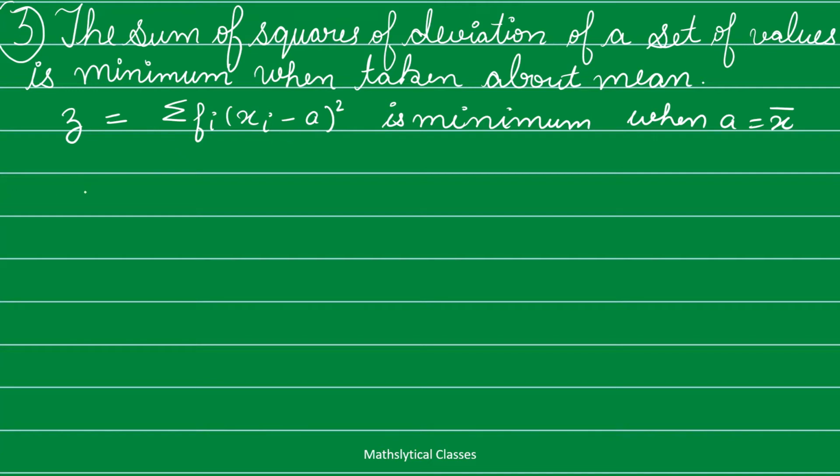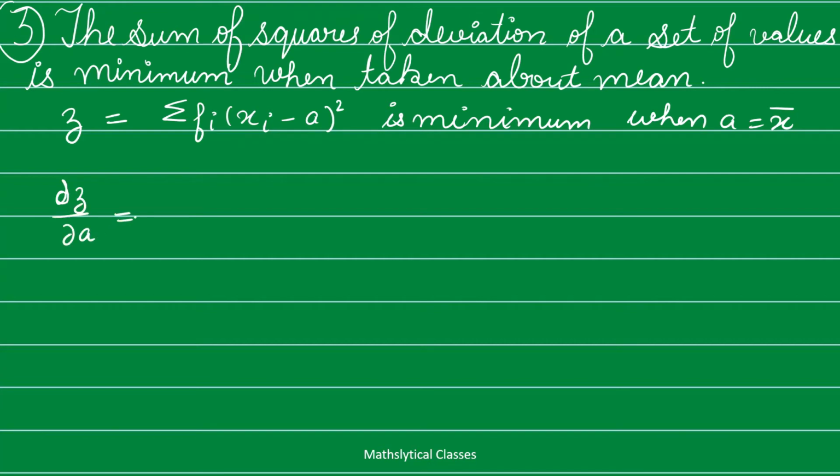So let's do it. We will apply the method of maxima and minima here. To find maxima or minima, what do we do? We take the derivative of the function with respect to the variable. Here the variable is a. So let's take the partial derivative of the function z with respect to a.